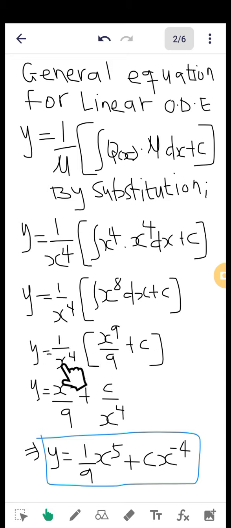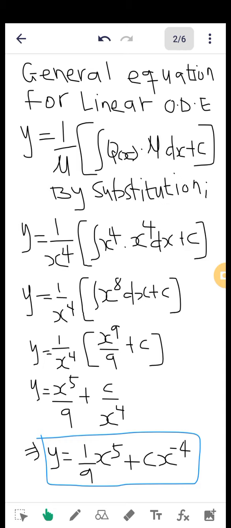So I will just multiply the whole of this equation through by 1 over x exponent 4. So upon multiplying the whole of this equation by 1 over x exponent 4, my x exponent 4 will go into x exponent 9, x exponent 5. So I'm going to get x exponent 5 divided by 9 plus 1 over x exponent 4 multiplying c. So I'm going to get c over x exponent 4.